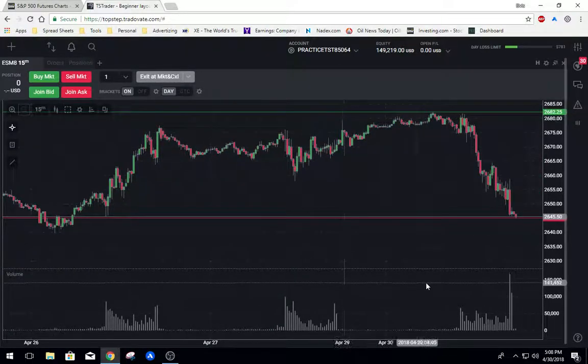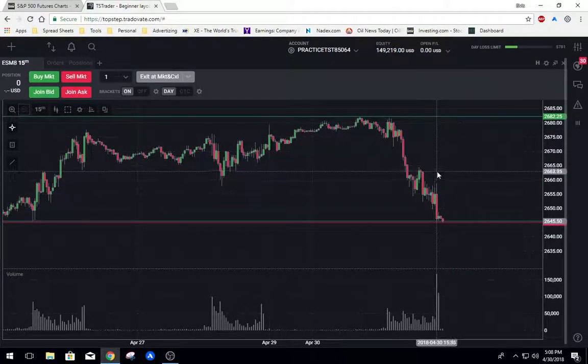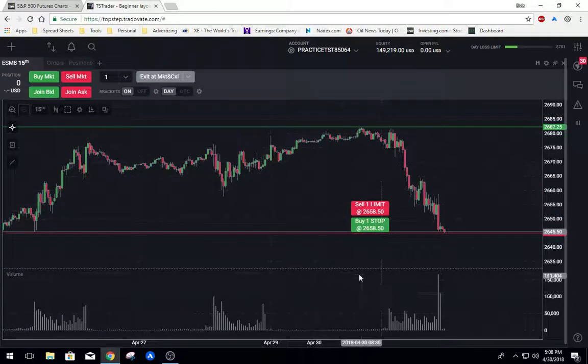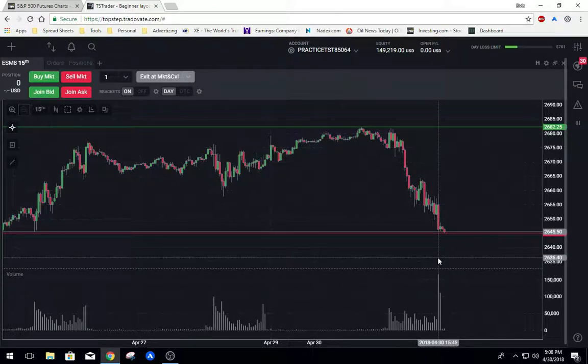So you can see the difference on why we would not have executed any trades at that point, because one of the prerequisites for entering a trade is that you have enough volume to back it up. You can see volume suffered all day and then spiked right at 3:45, which is the close of the market.